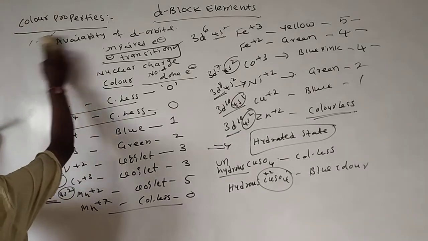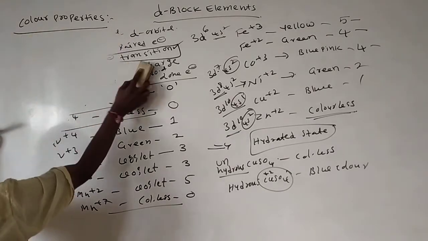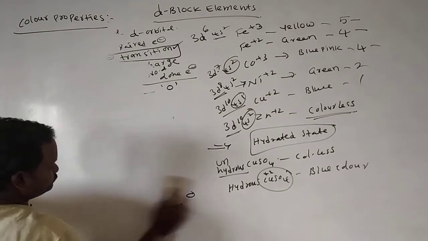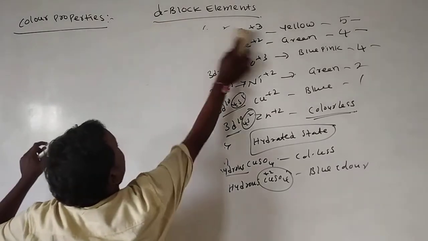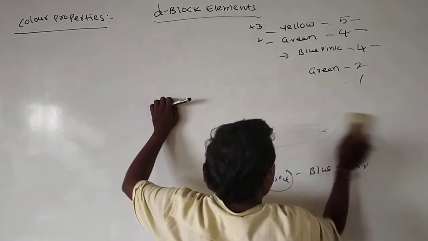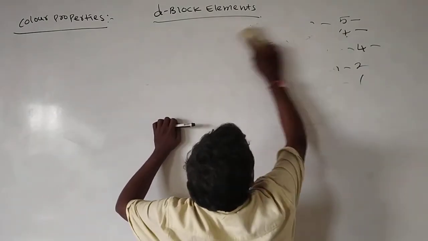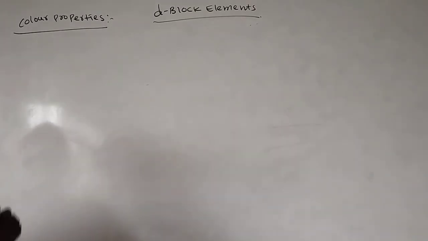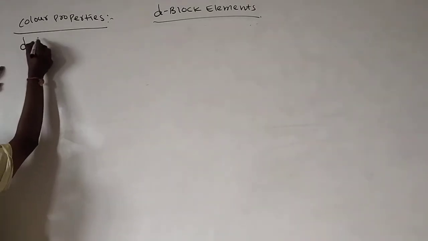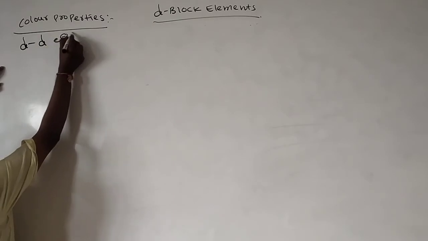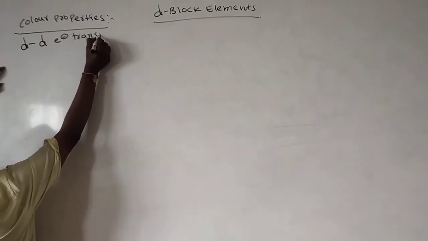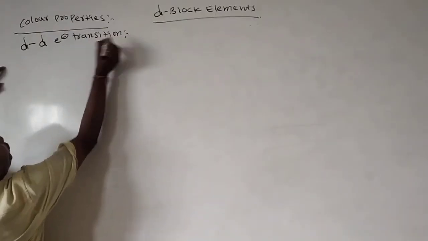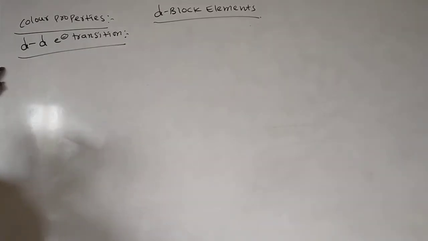We'll see the d-d electron transition here. Due to this only, elements exhibit color properties.